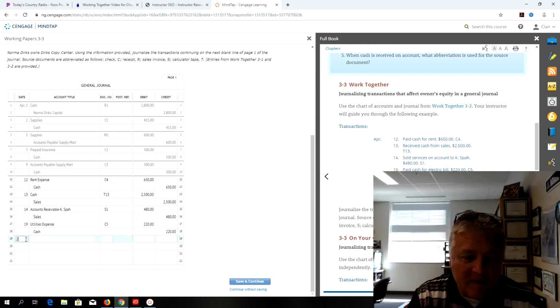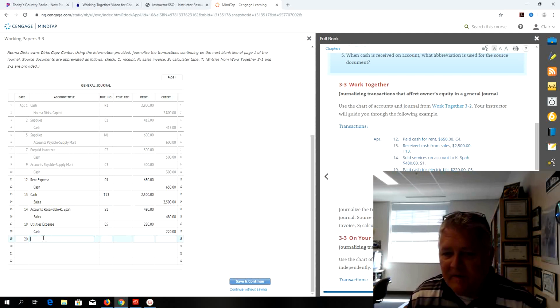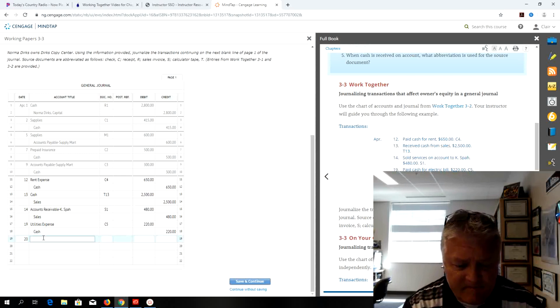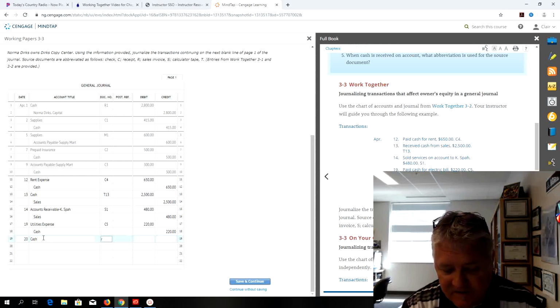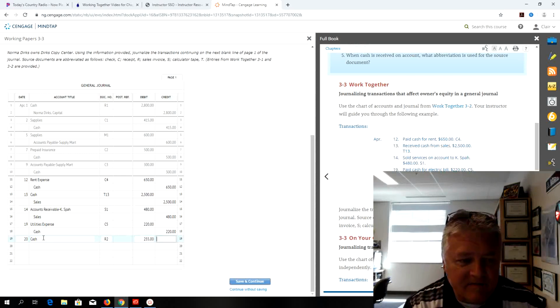So now on the 20th of April, it says received cash on account from K SPA for $255. Well, cash is my debit because I received cash. The source document is going to be R2. I'll just put that in here while I tab across. And $255.